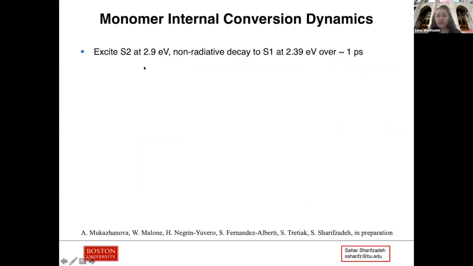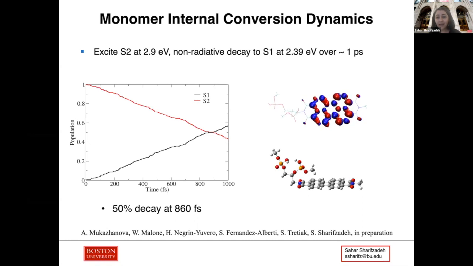For the monomer, we excite at the second excited state and watch the decay to the first, with a 0.6 eV energy difference between the two. What we see is that this is a slow decay: about half of the excited state decays at 860 femtoseconds.